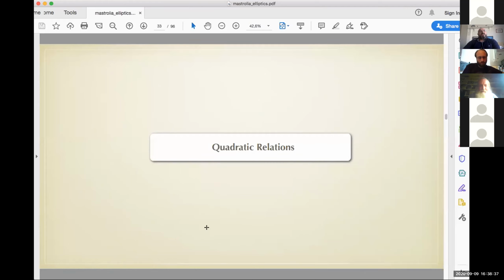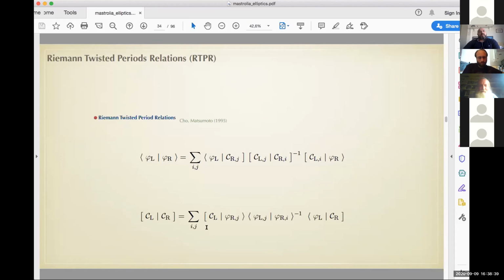An additional relation can emerge, in particular a quadratic relation, if we insert the identity resolution inside the intersection number. Here we use the identity resolution for cycles in the intersection number for forms, and vice versa. We introduce the identity resolution for forms in the intersection number for cycles, and we obtain quadratic relations for integrals.